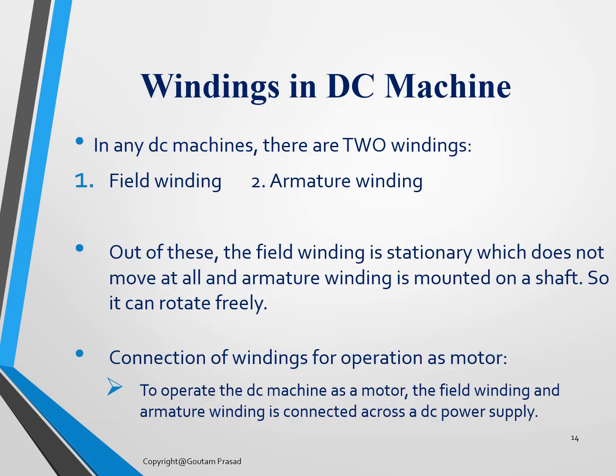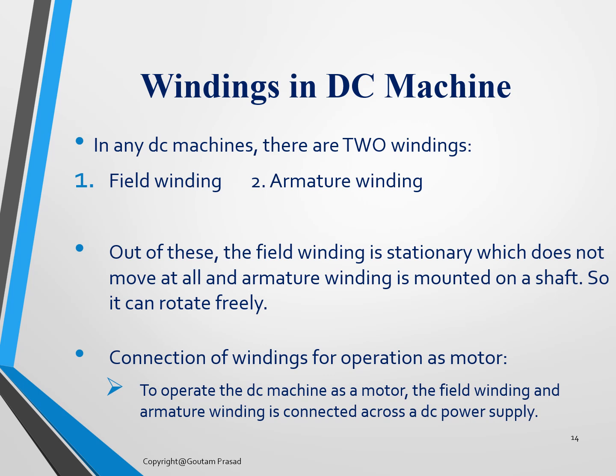Now, winding in the DC motor. There are two types of winding the DC motor employs: field winding and armature winding. Out of these, the field winding is stationary, which is on the stator, which does not move at all, and the armature winding is mounted on the shaft or the rotor, so it can rotate freely.